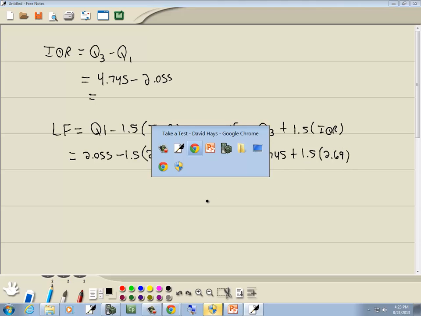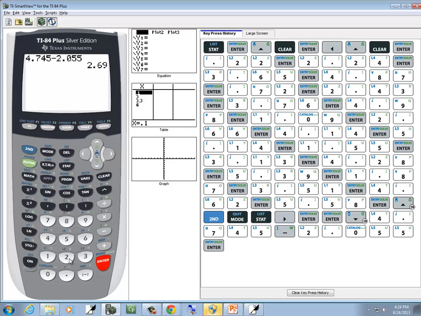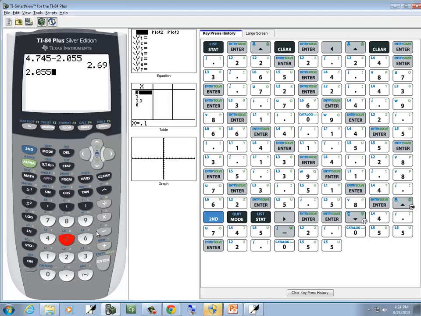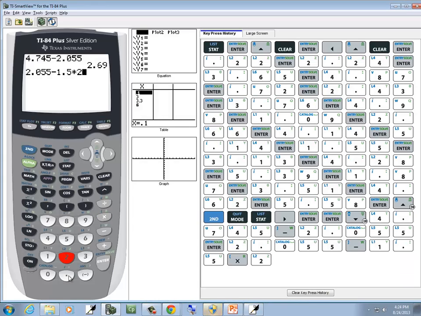So let's see what these give us. 2.055 minus 1.5 times 2.69, negative 1.98.